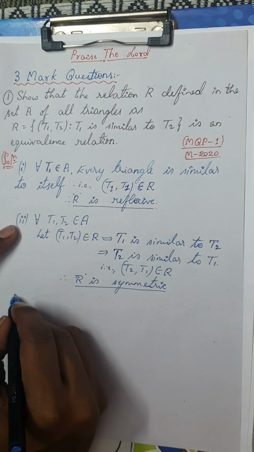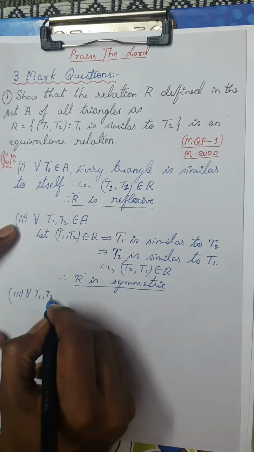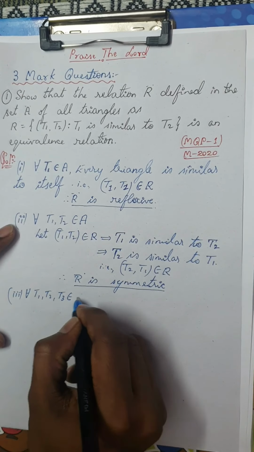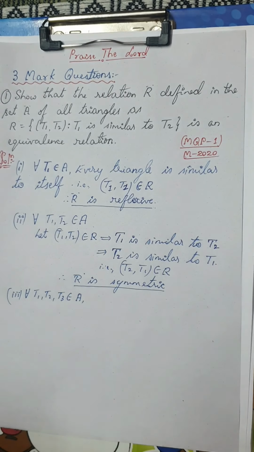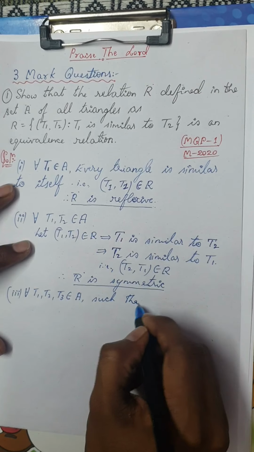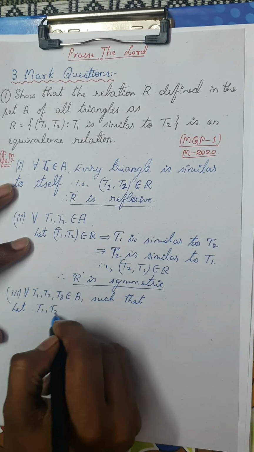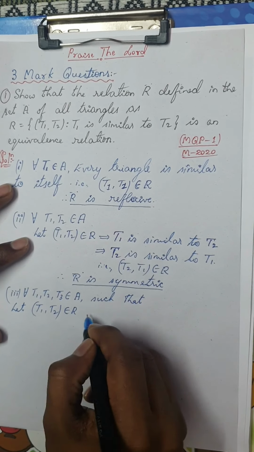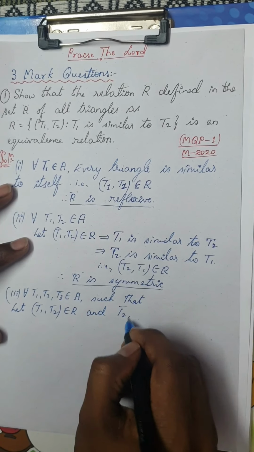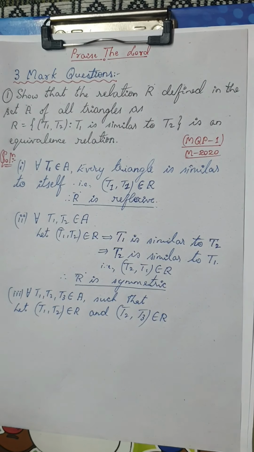Now let me take the third condition. For all T1, T2, T3 belonging to A, I consider three triangles from A such that (T1, T2) belongs to R and (T2, T3) belongs to R. Is it clear?